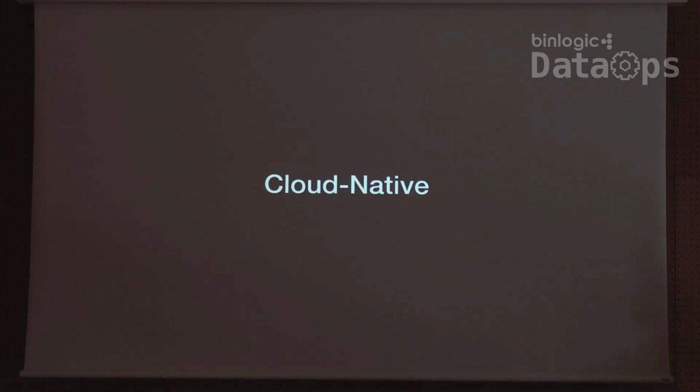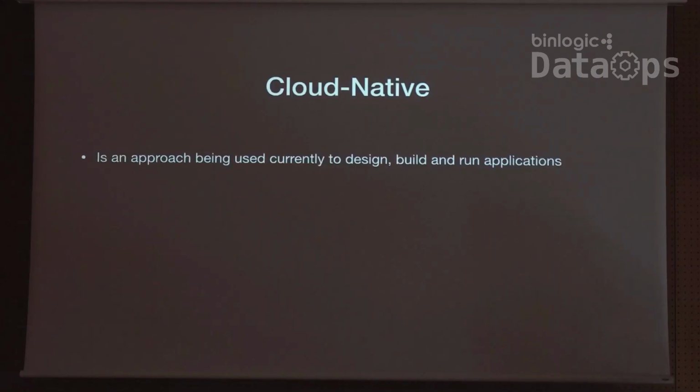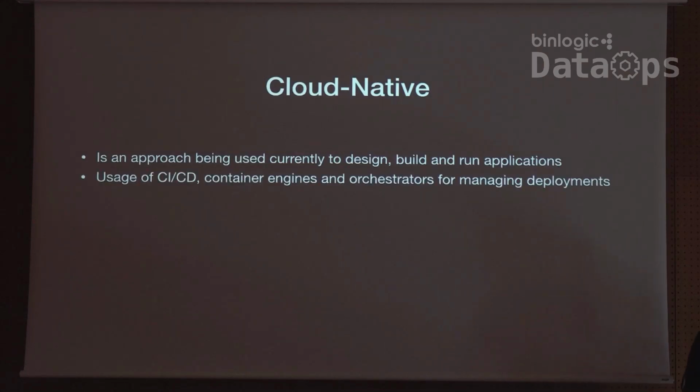And I would like to talk a little bit about the cloud native movement. These are applications designed especially to be used on the cloud and bring the power of the cloud much more to the great market. So cloud native is an approach to design, build, and run applications.